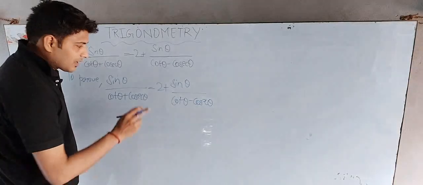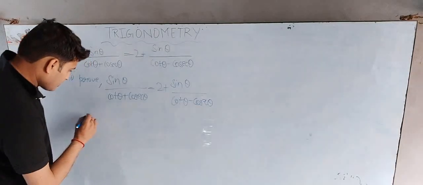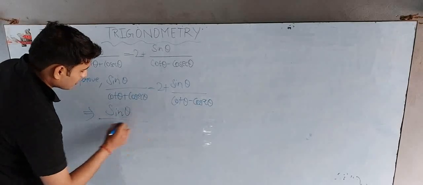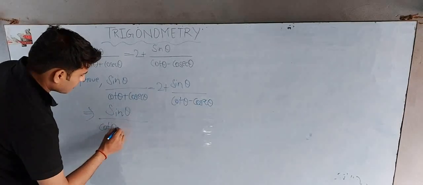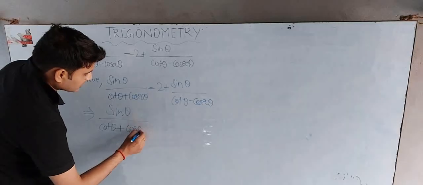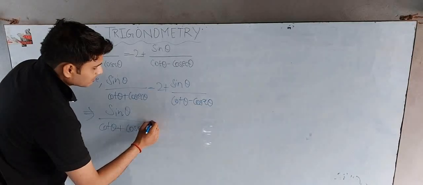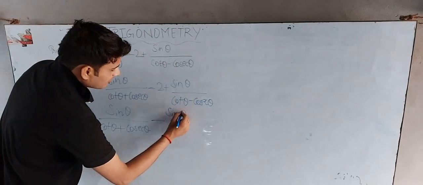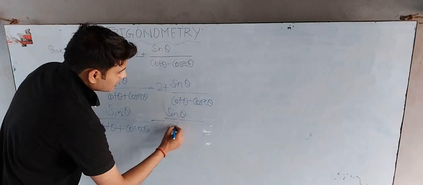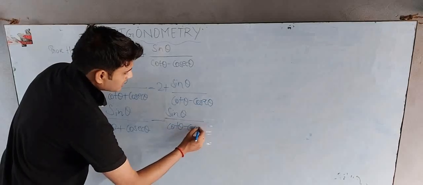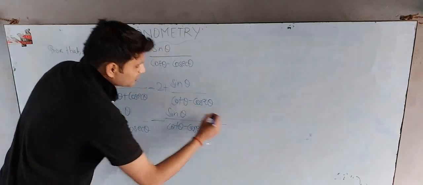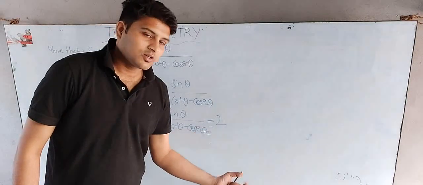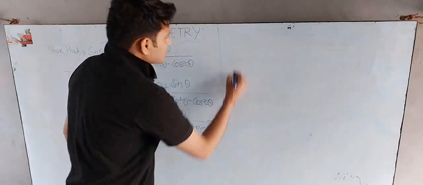Now here we can write this expression as sin theta upon cot theta plus cosec theta minus sin theta upon cot theta minus cosec theta is equal to 2. Now we will prove that this LHS is equal to RHS, which is 2. So starting from LHS, what you will get?